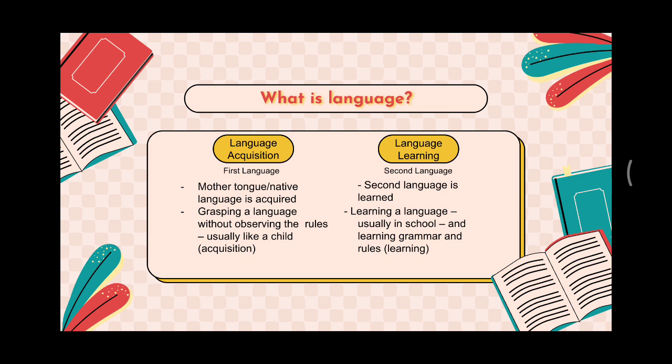While language learning, it's mostly for our second language, foreign language, etc. Unlike the first language, it is learned in school. And just like the way we learn English, we learn the grammar rules in order to learn it.